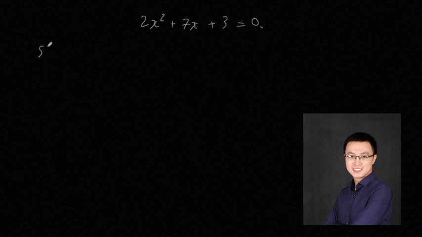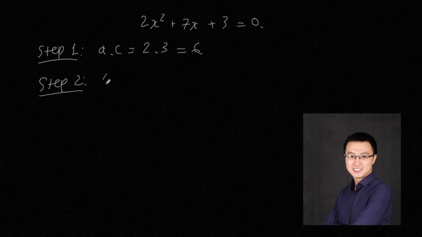Let me try another one: 2x squared plus 7x plus 3 equal to 0. Step 1, identify a times c: 2 times 3 equal to 6. And step 2, I will separate 6 into something times something, here or here, minus 1 or here.